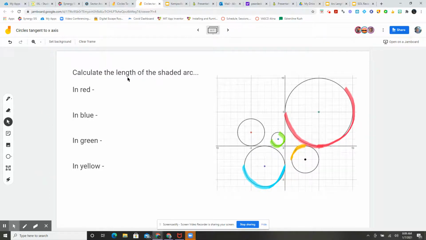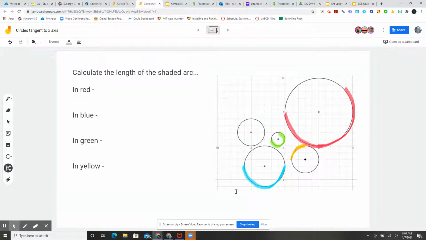Yeah, it's the 4th, 5th slide. Are you on the x-axis slides or the y-axis slides, Elise? Does it say circles tangent to the x-axis?